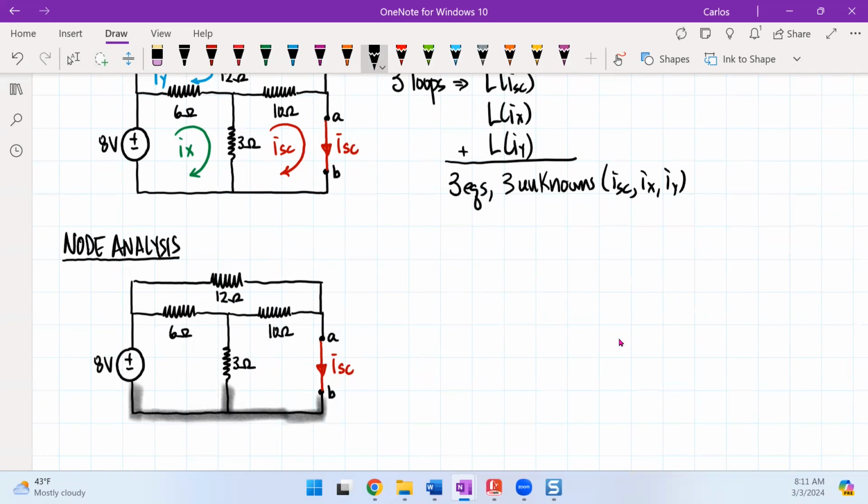Now remember, that ground goes all the way up here because that's a short. So if I choose this to be the ground, this is also the ground right here. So when I look at these nodes, we know this node has to be 18 volts.